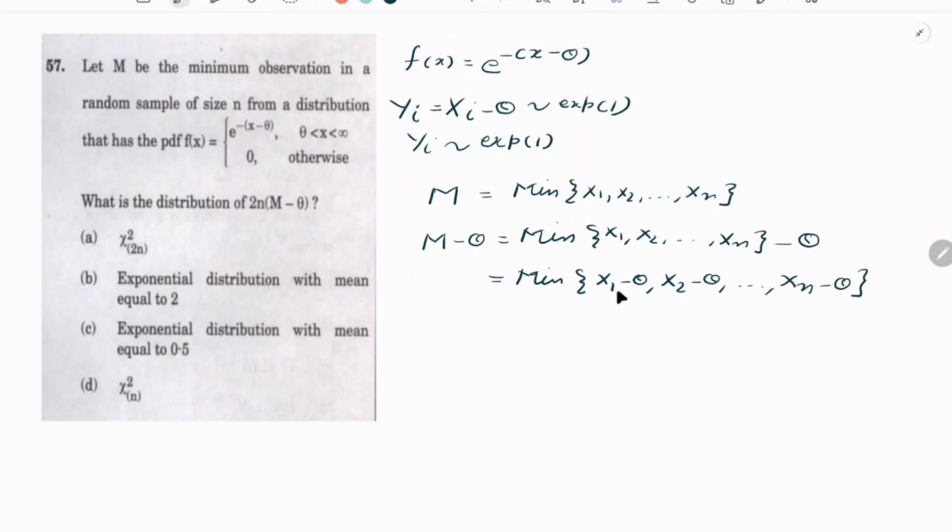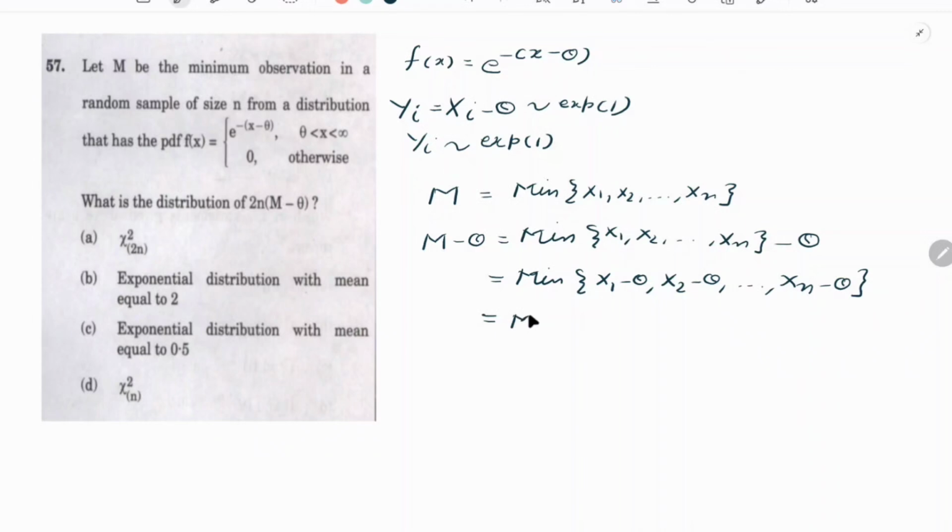Now x1 minus theta is exponentially distributed with parameter 1, so in place of x1 minus theta, I can write y1; in place of x2 minus theta, y2; in place of xi minus theta, yi.